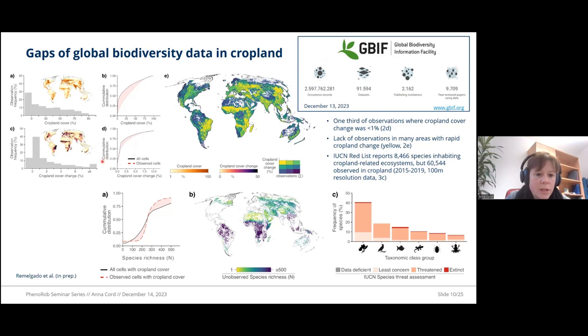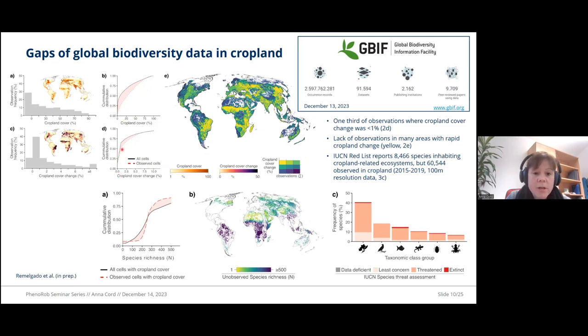So what you see if we compare the observations in the cells for cropland cover compared to all the cells we have, and for the cropland cover change, is that there is a clear lack of information. So, for example, a third of the observations are done where the cropland cover change was below 1%.